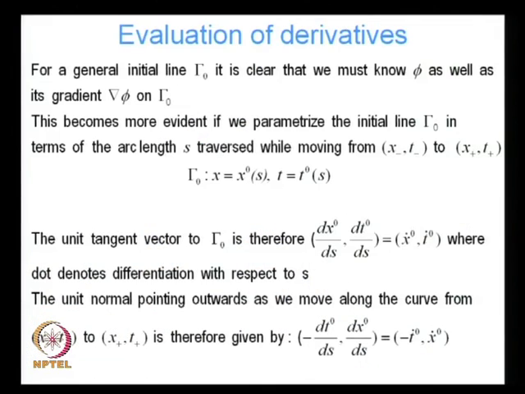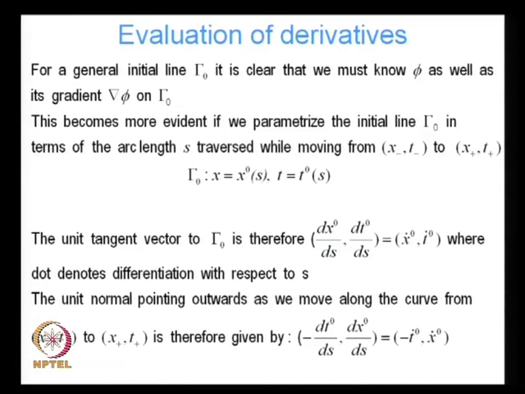As I move along that line, my x and t change. So, x is a function of distance along that line, and t is a function of distance along that line. Here I have called those functions x 0 and t 0. x 0 as a function of s gives me x, and t 0 as another function of s gives me t.